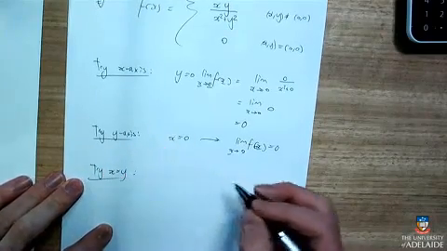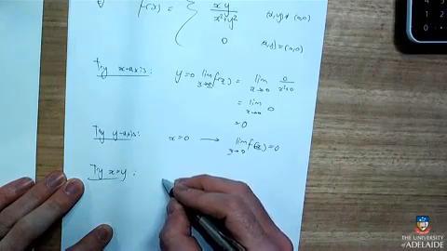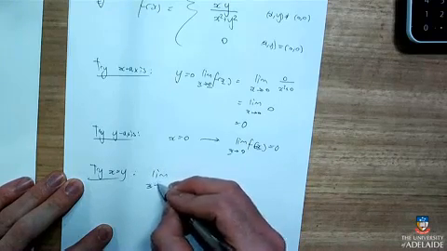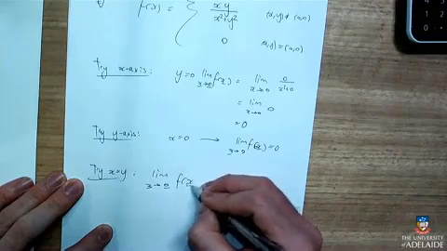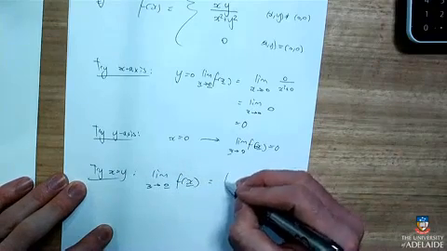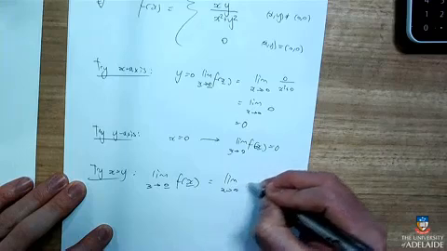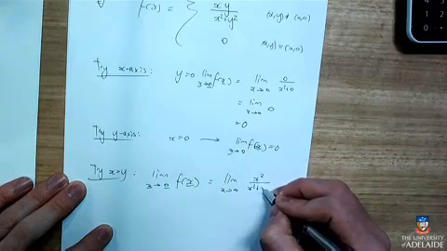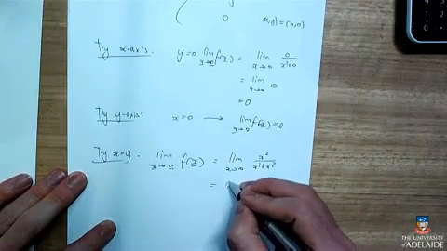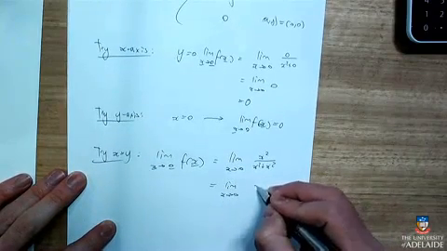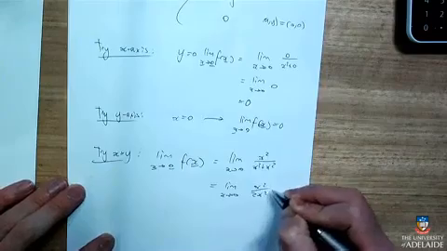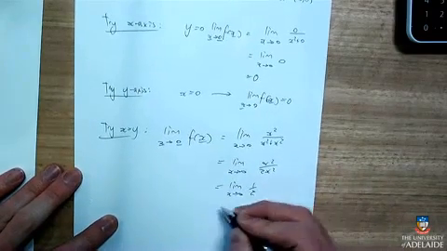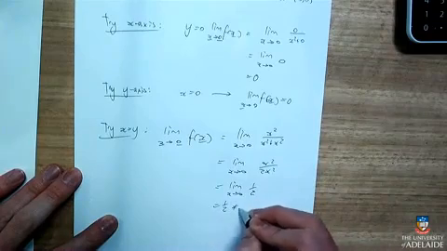Try x equals y. So let's see, the limit as x goes to 0 of f of x is the limit as x goes to 0 of x times x over x squared plus x squared, which is the limit as x goes to 0 of x squared on 2x squared, which is the limit as x goes to 0 of a half, which is a half, which isn't 0.